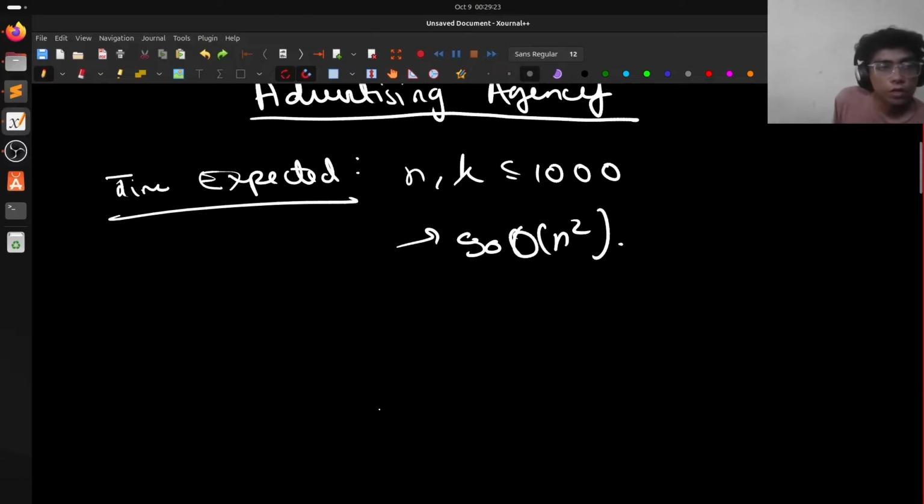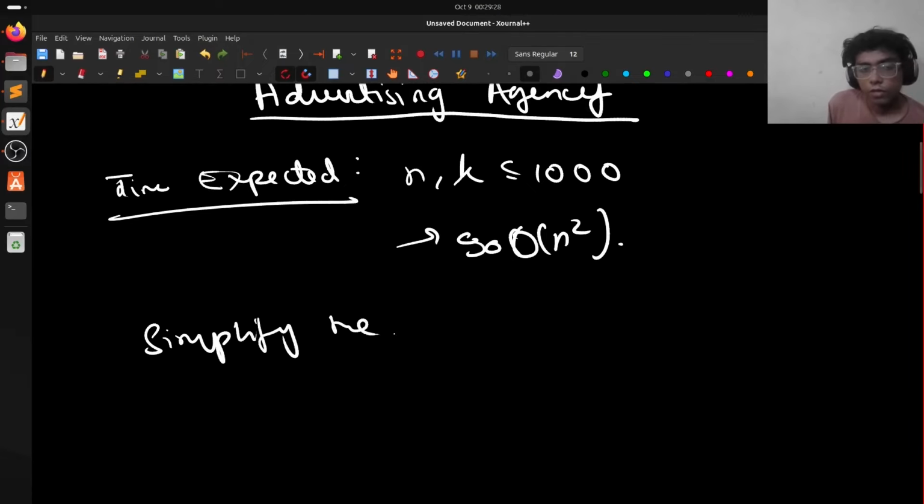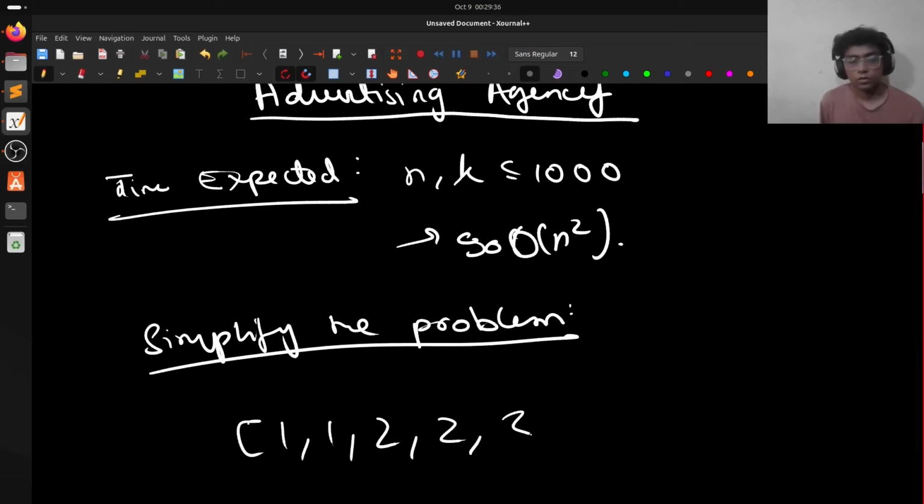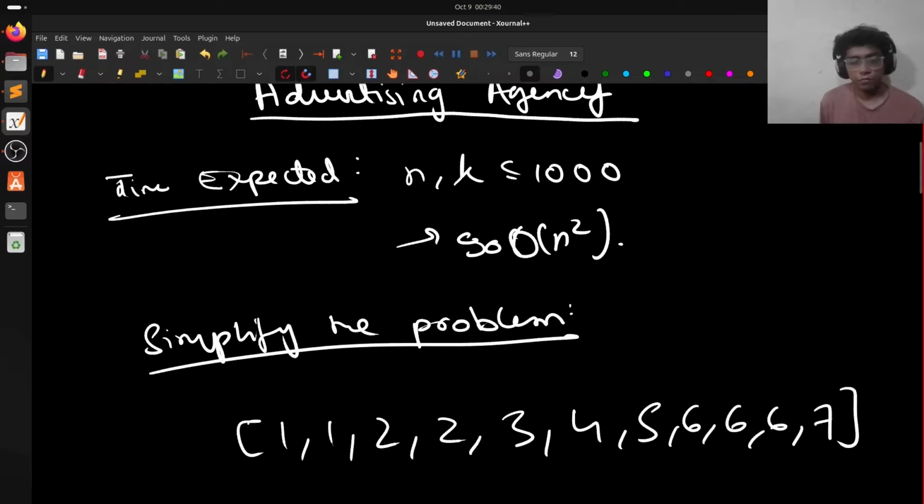Okay, so to start off, let's simplify the problem. What we'll do is we'll basically say that given a bunch of numbers, right? Like 1, 1, 2, 2, 3, 4, 5, 6, 6, 6, 7. We need to choose k of these numbers, right? Some k, it can be any k. So let's say k equals 5 numbers.